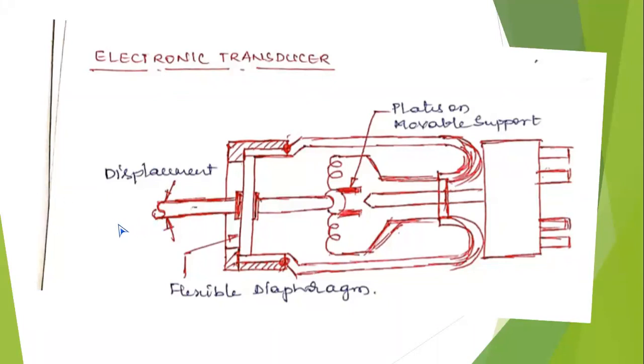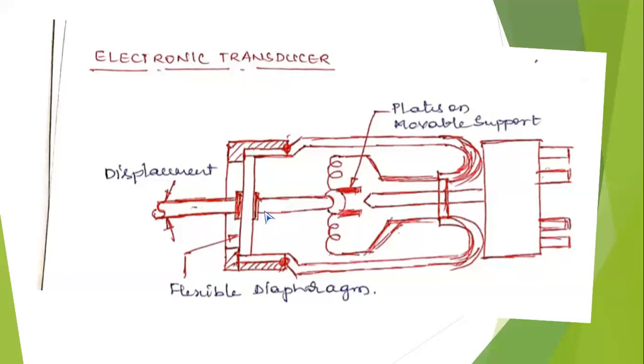Due to waviness on the surface plate, there will be a deflection in the plunger that is transduced by the flexible diaphragm. The small movement of the plunger is amplified a million times or 1,000 times by the flexible diaphragm.